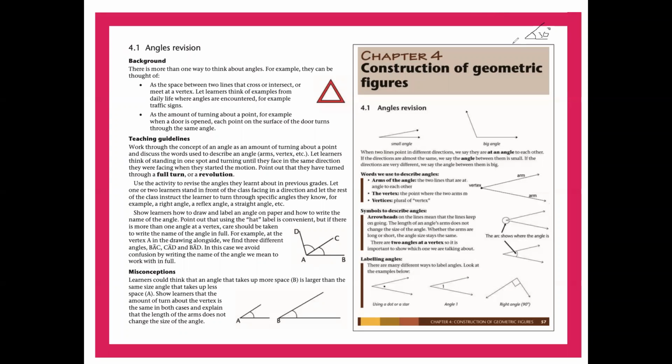So imagine that the gate is a lot larger, but in the end, it still only moves by 30 degrees. So it does not depend on the length of the arms that we are looking at.